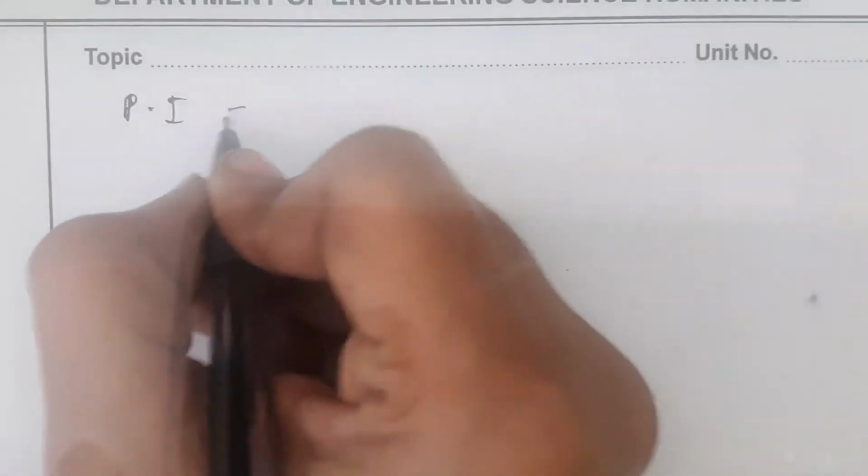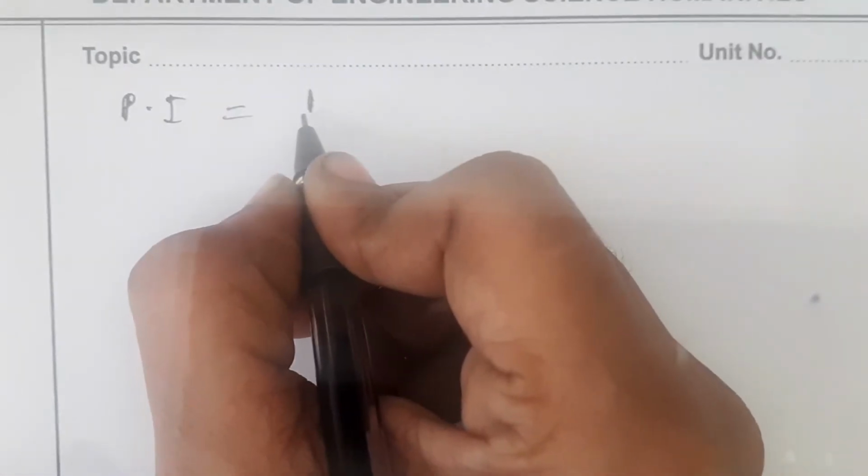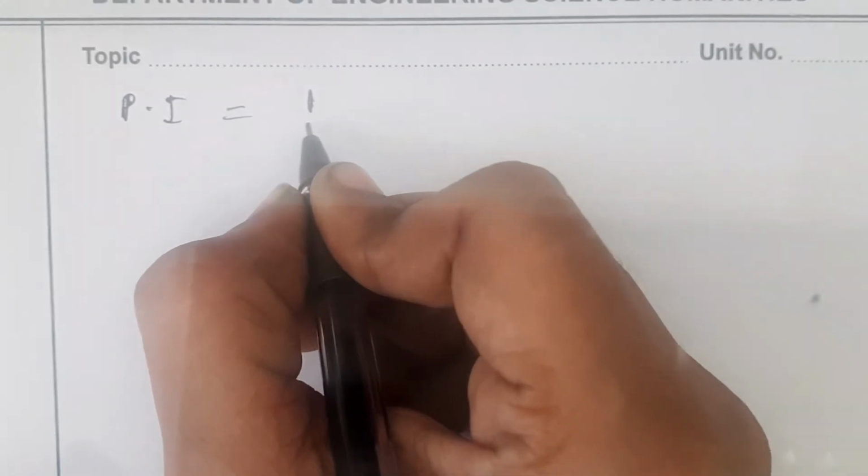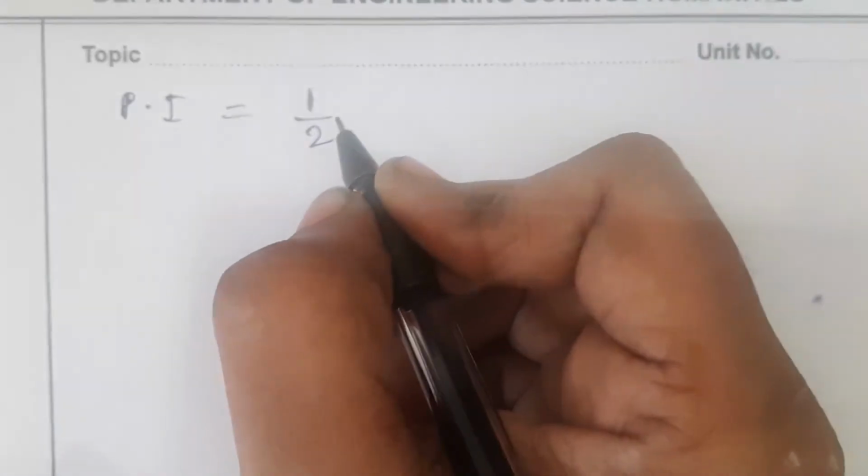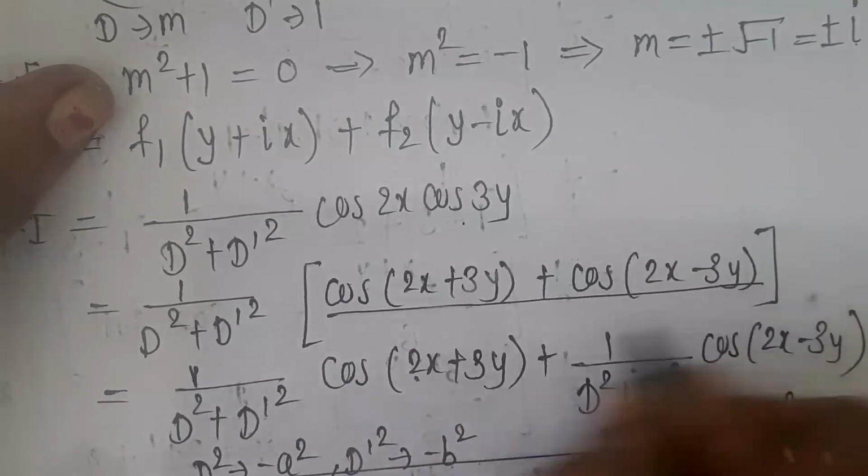This particular integral is equal to 1 by 2. Here we have in the formula 1 by 2, so it is divided by 2 also.